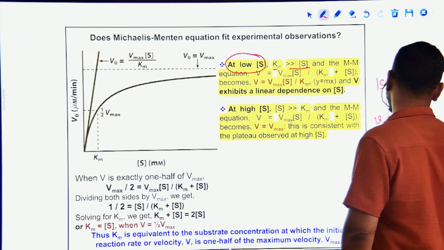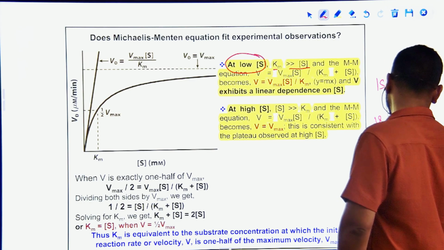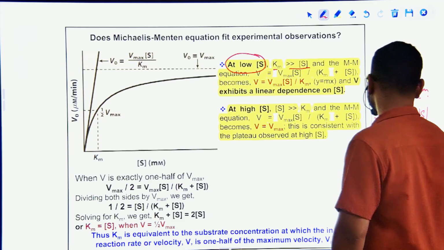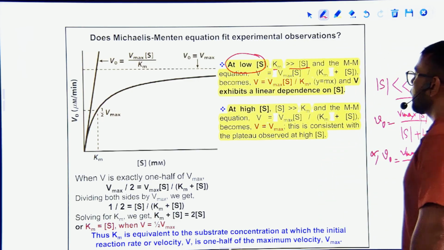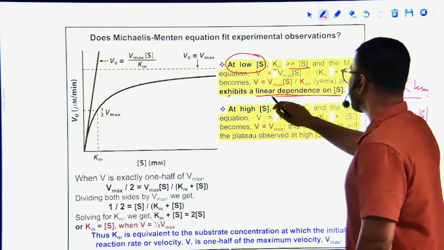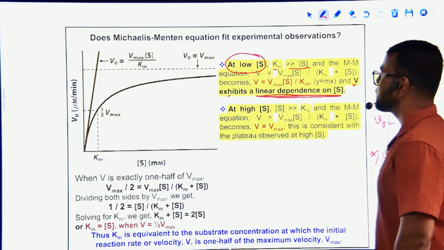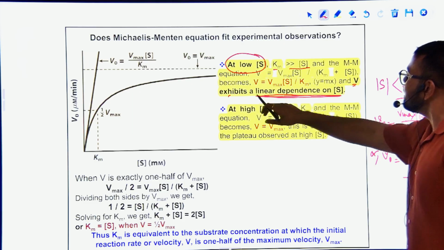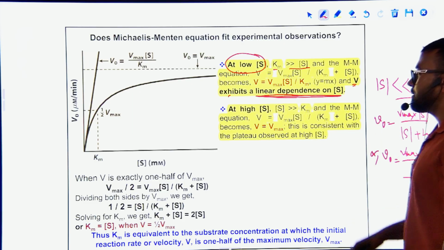Substrate concentration is very low, so we can state over here V equals Vmax into S by Km. So V exhibits a linear dependence on S. This point is very important.